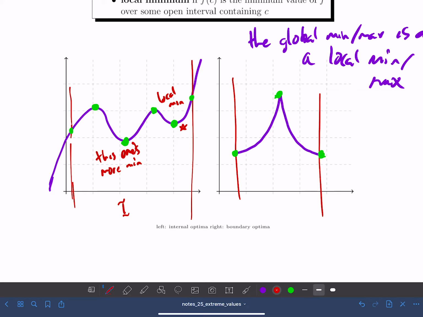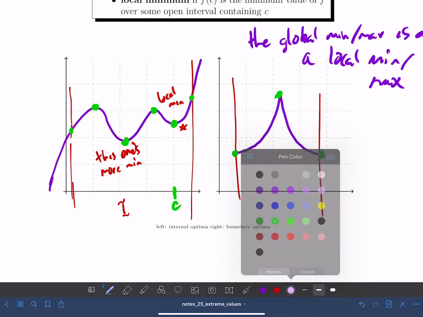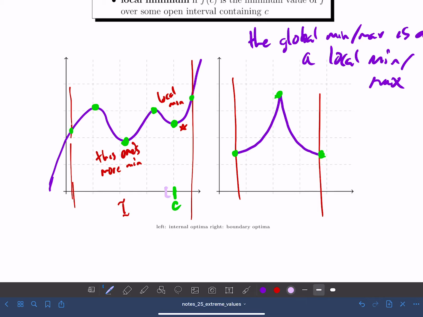Depending on the little interval that we're thinking of as containing the point we're talking about, I've got a point C, say, where this local min occurs, and I can find about this point some small interval that just excludes the other stuff that was bigger. So we only have to think about what's going on inside of this tiny box.